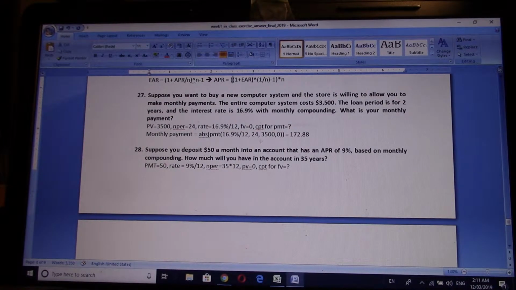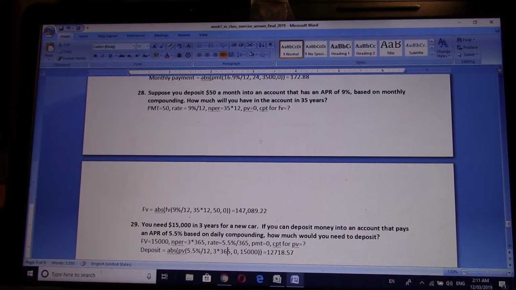Okay, so this is this one. 28. Suppose you deposit $50 a month into an account that has an APR of 9% based on monthly compounding. How much will you have in the account in 35 years? Okay, so this is also another ordinary annuity question.